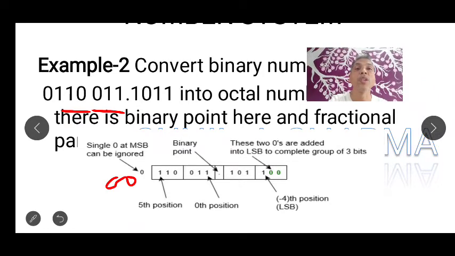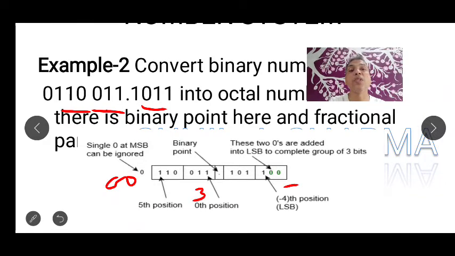After the fractional point, you can see there are 4 digits. So 101 will be made one group, and here we have to pad up extra zeros. When you see the output, this is nothing but 3, this is 6, this is 5, and this is 4.